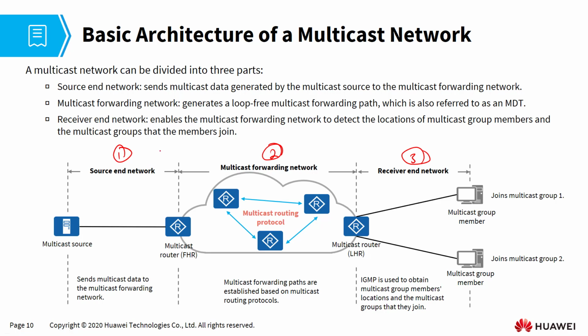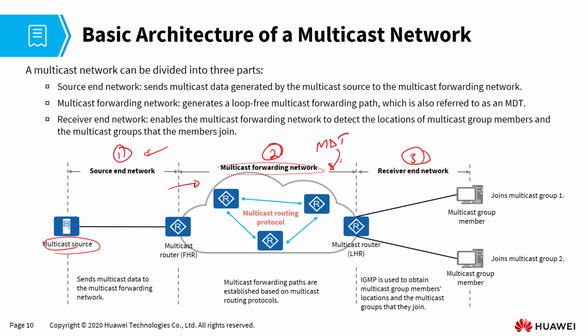The source end network is the one that sends the multicast data generated by the multicast source, and it intends to send this multicast traffic into the multicast forwarding network. The multicast forwarding network is in charge of generating a loop-free multicast forwarding path, which is also referred to as the multicast distribution tree.